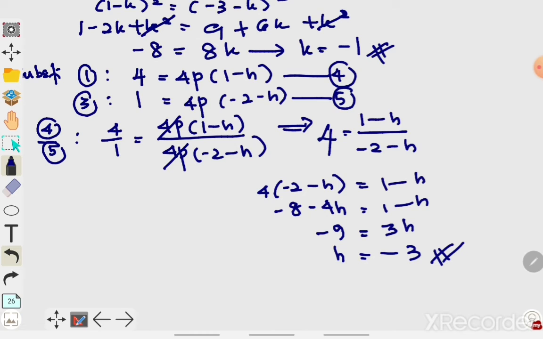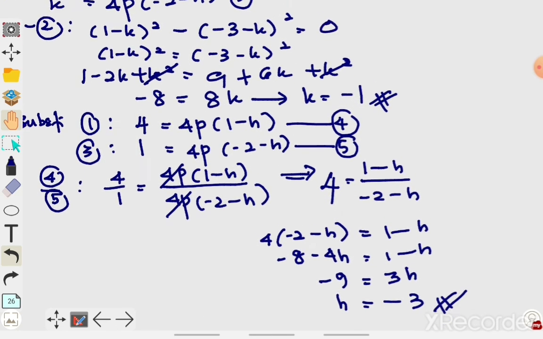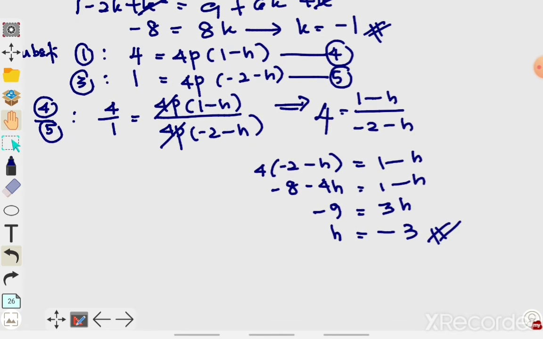So let's substitute into the first, or the third. Okay, let's substitute into the fourth equation.